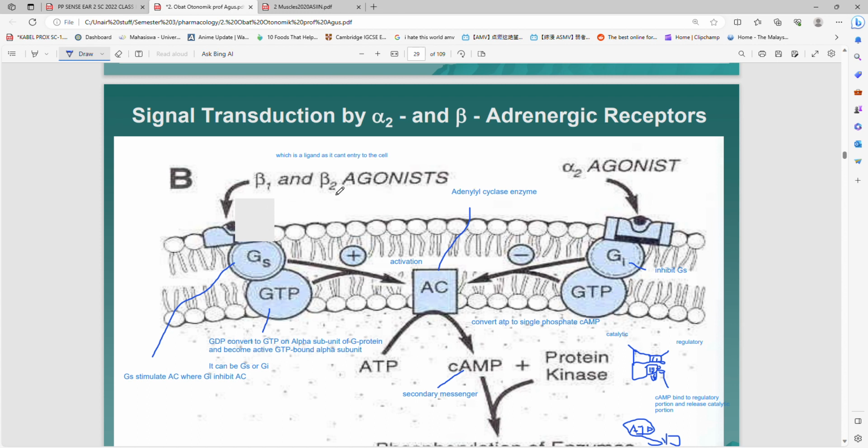So when the beta-1 and beta-2 agonists bind to the receptors, it's the same. It releases the GDP that initially binds to the Gs, and then the GTP will bind to the Gs and activate it, and the activated Gs will activate the AC, the adenylyl cyclase enzyme in the cell membrane.